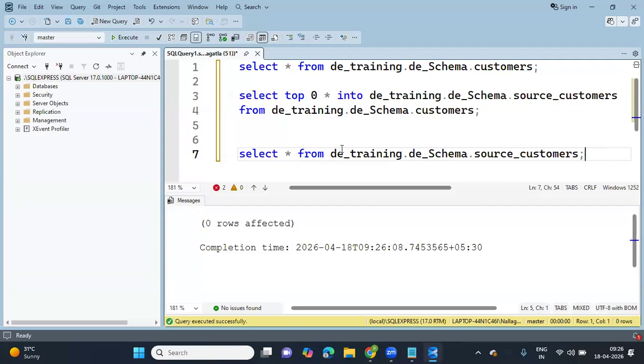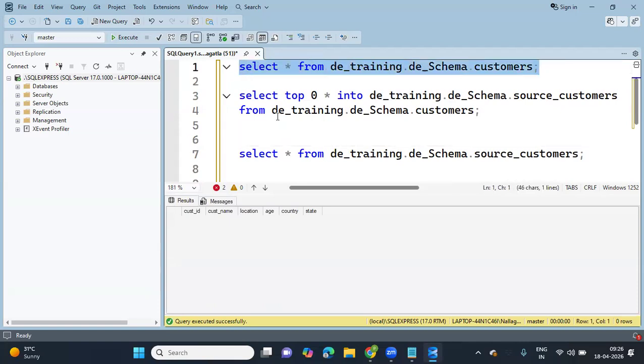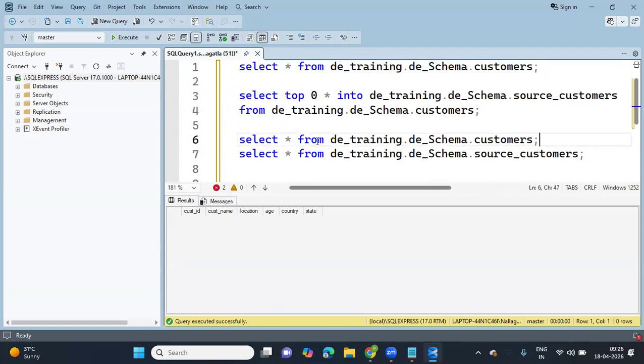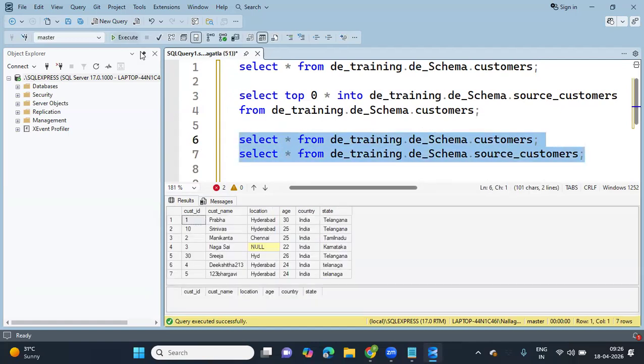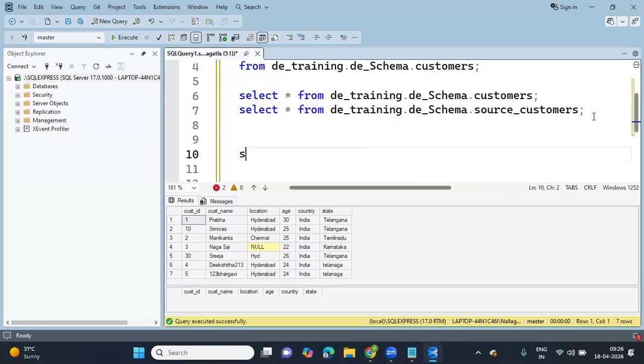Every day the source table gets loaded and deleted. Right now we do not have any data here. Let's look at the already available data. I'll cover incremental load also, along with SCD. See here we have the customer IDs. Some customer IDs are already available. Let's say intentionally I'm inserting some data into the source customers.